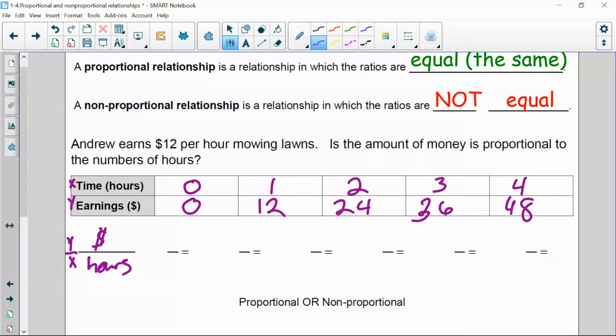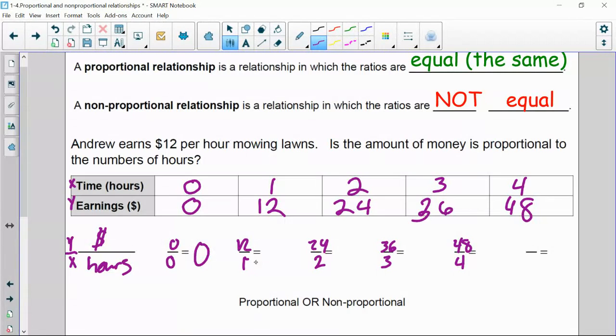It's the same thing with this as well. So all my Y's are 0, 12, 24, 36, 48. That's it. We had extras in there for you. So 0 hours, 1 hour, 2 hours, 3 hours, 4 hours.